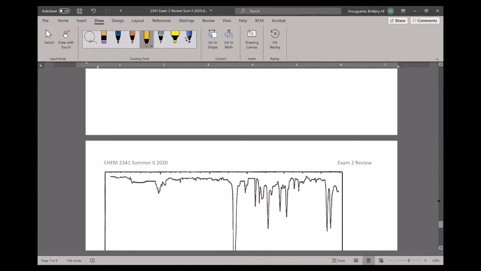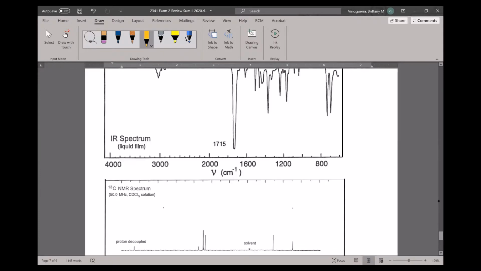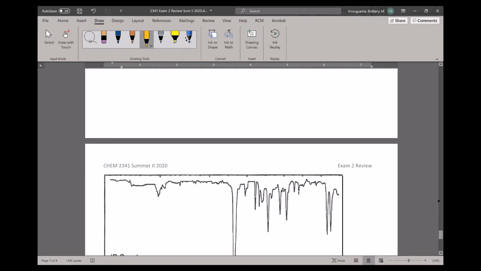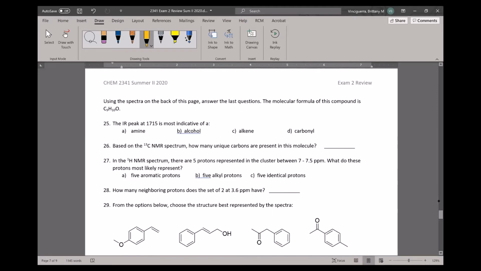So I actually gave some spectra here for you to practice with. So the questions, you're given the molecular formula C9H10O. It asks a question about the IR peak, asking what it's most indicative of, how many unique carbons are there, asking you about what do these protons represent?